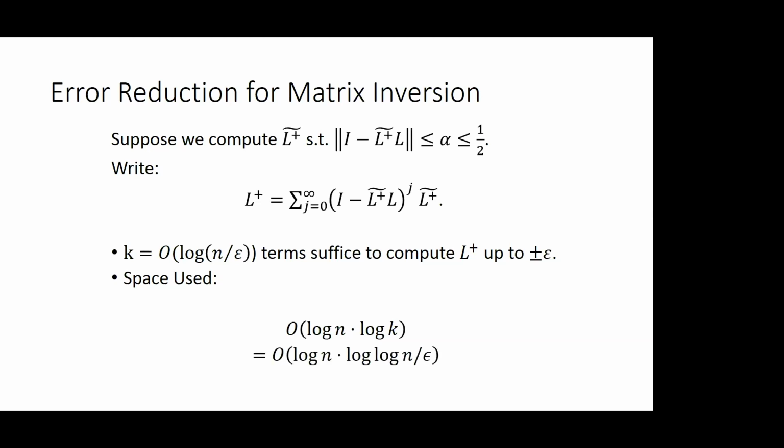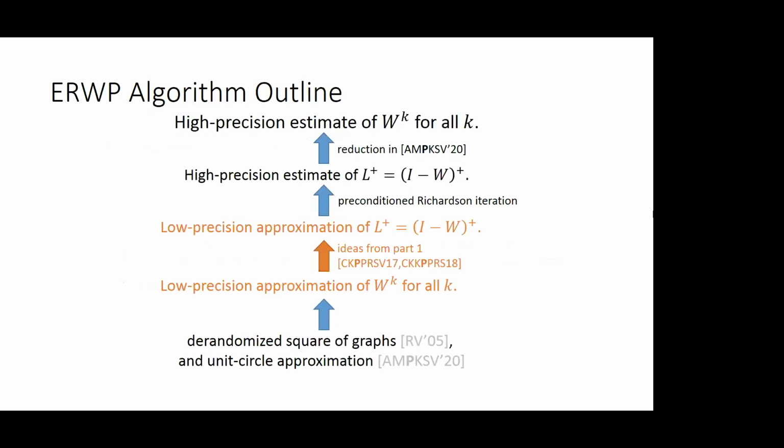And here we said that k was log n over epsilon, so this is log n times log n over epsilon. So this is nearly logarithmic space. And that's how we get a high precision estimate of L pseudo inverse from a low precision estimate of L pseudo inverse using preconditioned Richardson iteration.